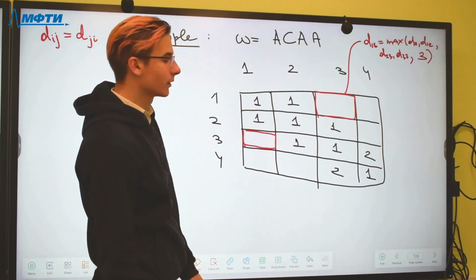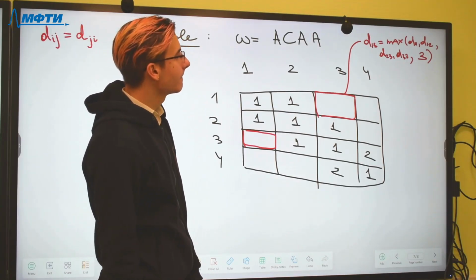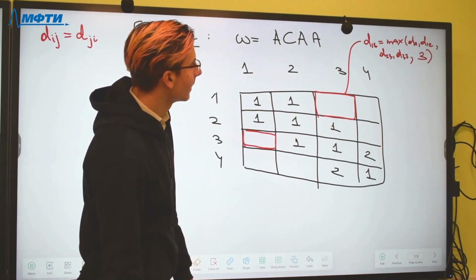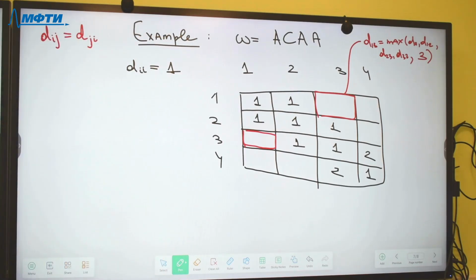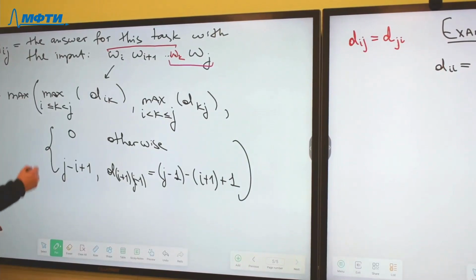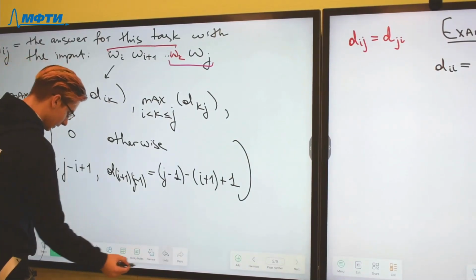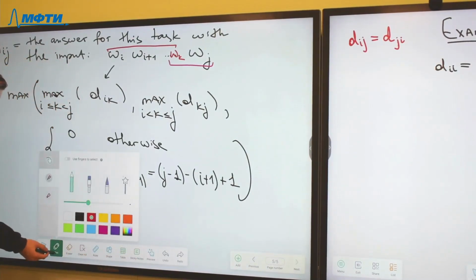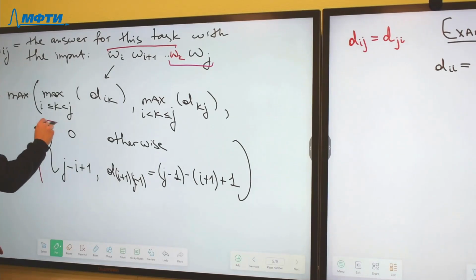So I see that we know D with index 1, 1 and 2, 2, 3, and 3, 3. Why do we have 3 at the end? Because of this. And you see that there are two special cases.